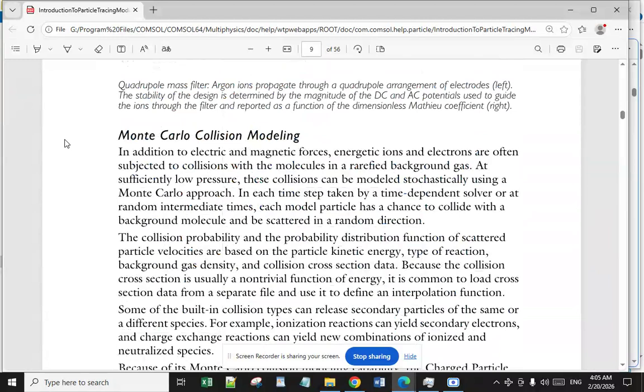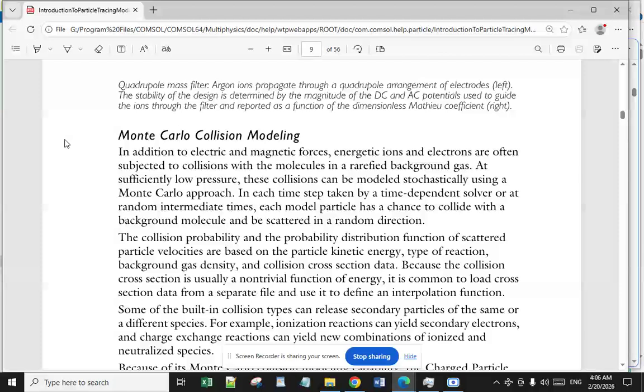Monte Carlo collision modeling. In addition to electric and magnetic forces, energetic ions and electrons are often subjected to collisions with the molecules in a rarefied background gas. At sufficiently low pressure, these collisions can be modeled statistically using a Monte Carlo approach.